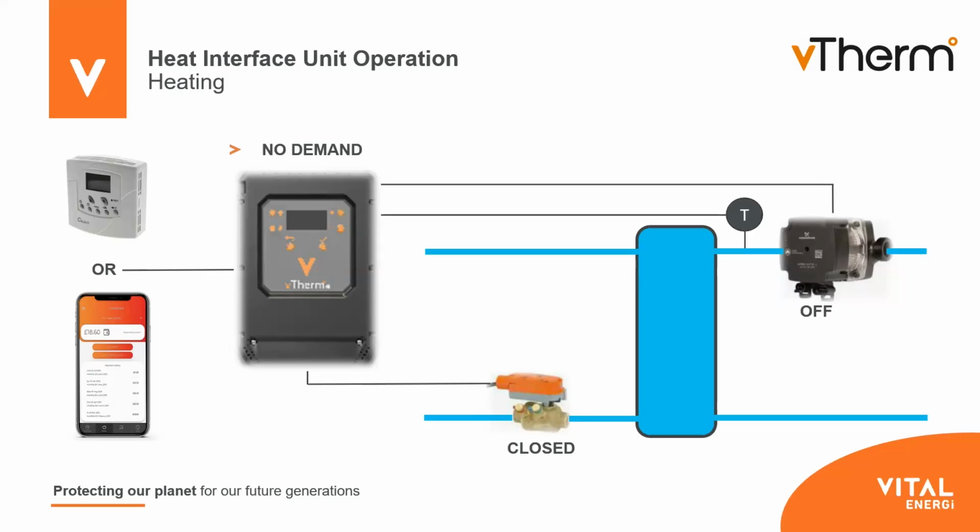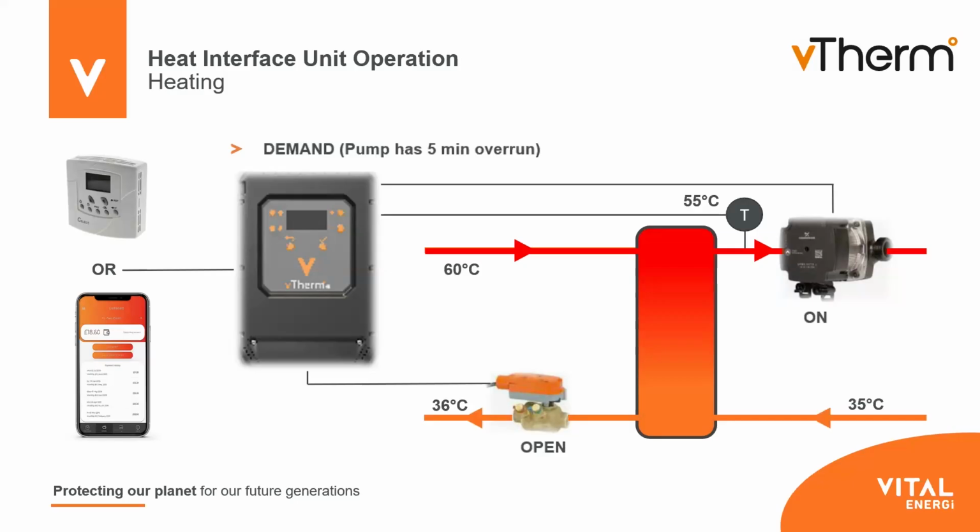And therefore that will then trigger the electronic controller to, number one, bring on the pump, and number two, control the controlling valve. And therefore, there are typical temperatures that you would then see circulating and returning back from the system. And also with it being electronic, as soon as it's finished the heating demand, the pump will do a pump overrun as well.